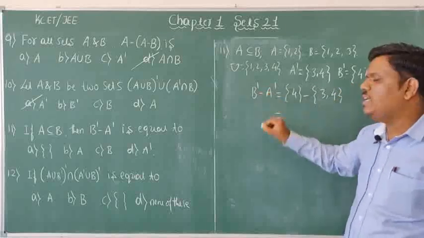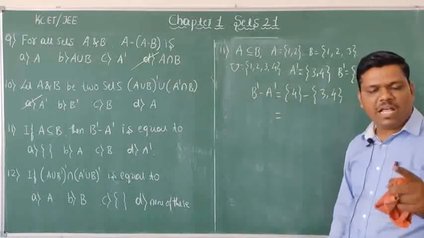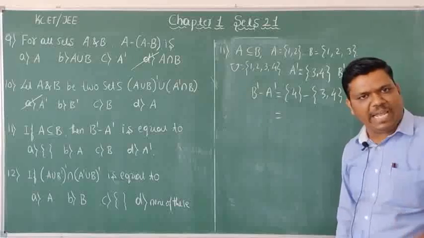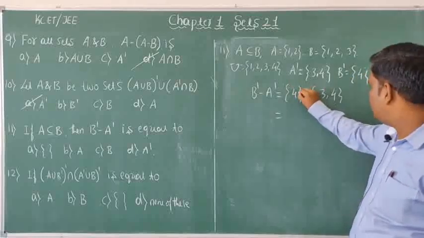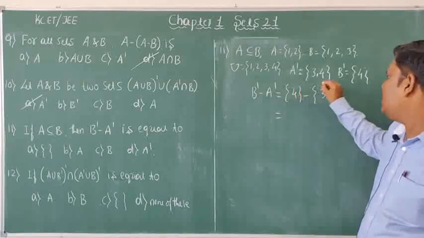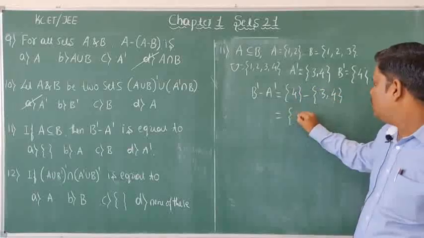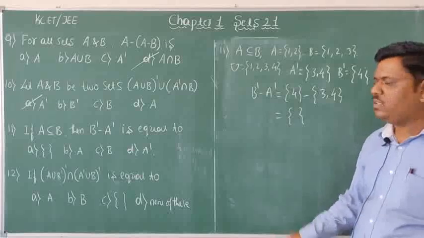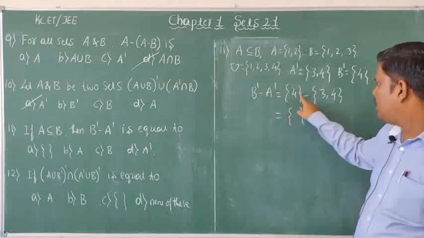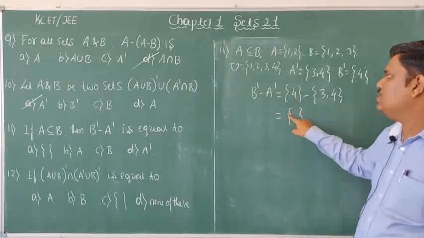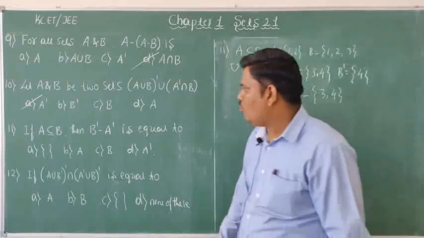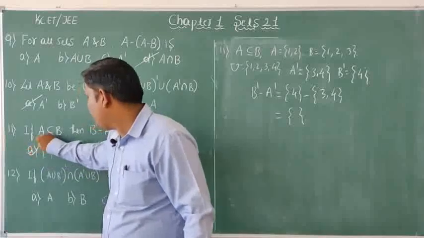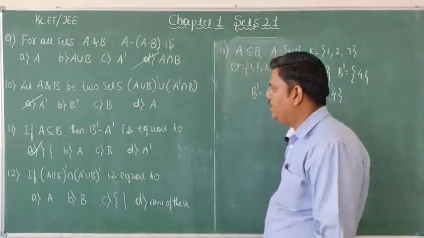So B dash minus A dash means all the elements present in B dash but not in A dash. 4 is present in both B dash and A dash. Therefore this is an empty set, because no element is present except the 4. Therefore B dash minus A dash is empty. So the correct option is A.